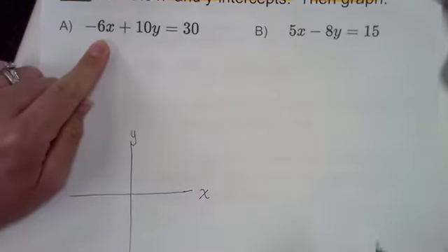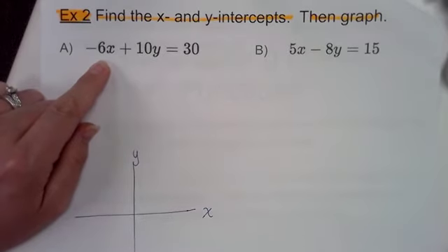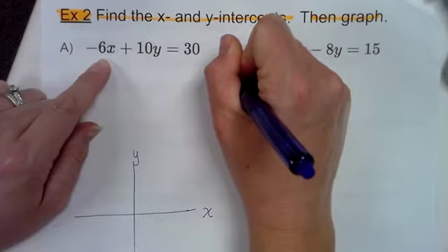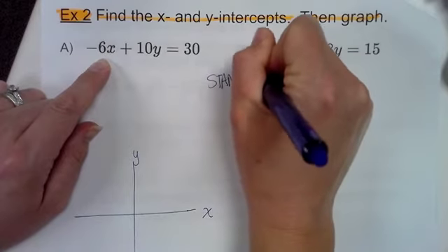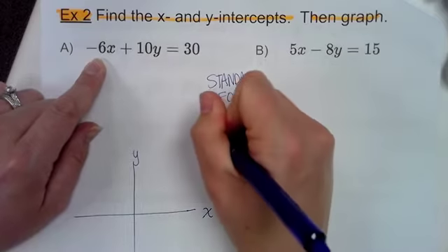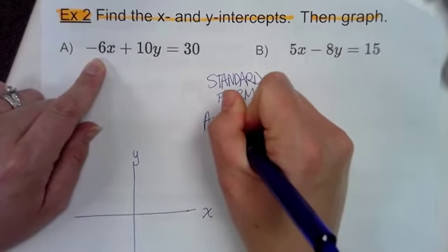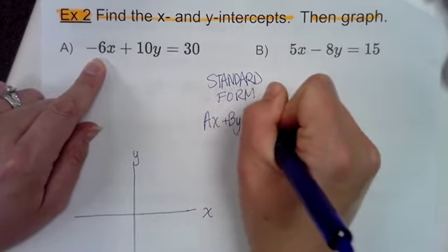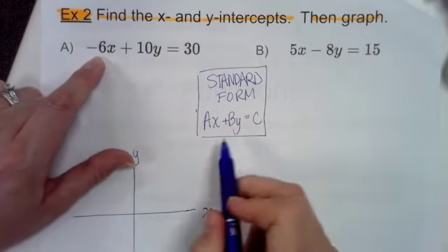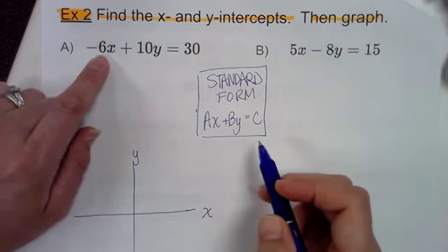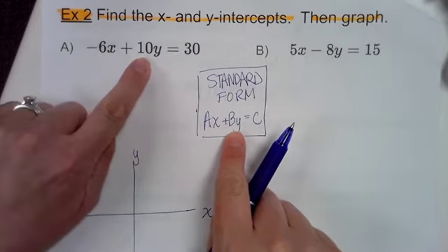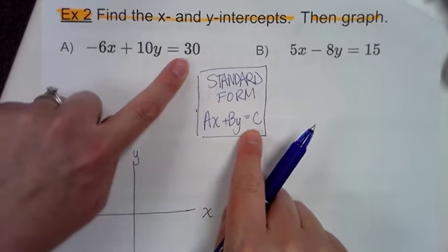This equation is in what is called standard form. I'm going to write that right in the middle of the page. Standard form, ax plus by equals c. This is what standard form looks like, and you can see we have the x and the y on the same side, and they're equal to some number.